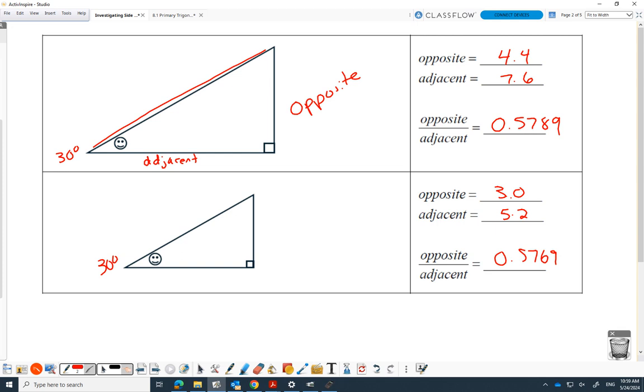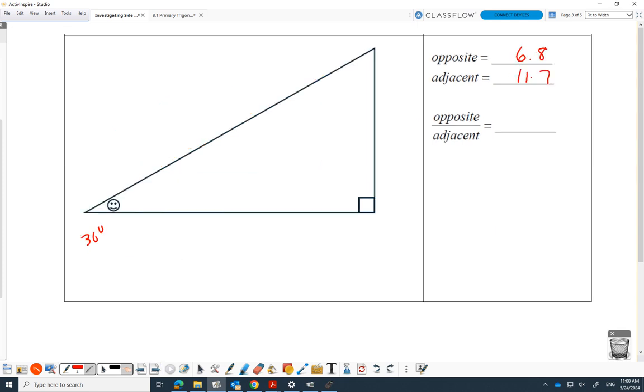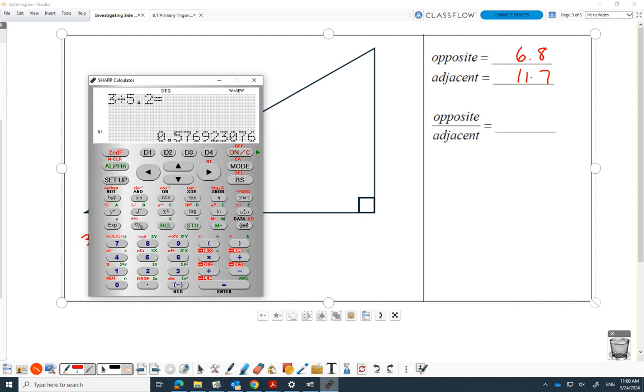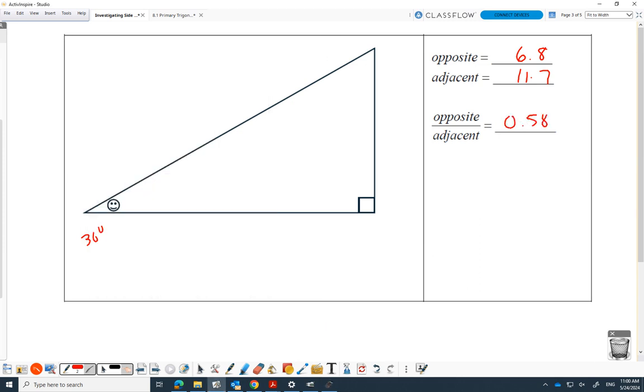Does this happen in math investigations all the time? You do a bunch of stuff like, yeah, they're all the same. I'm not sure what's happening, but they're all the same. Here, let me do another one. 6.8. No, they're not exactly the same. You're right. We'll talk about why they're not exactly the same in a second. 0.5812 I got.